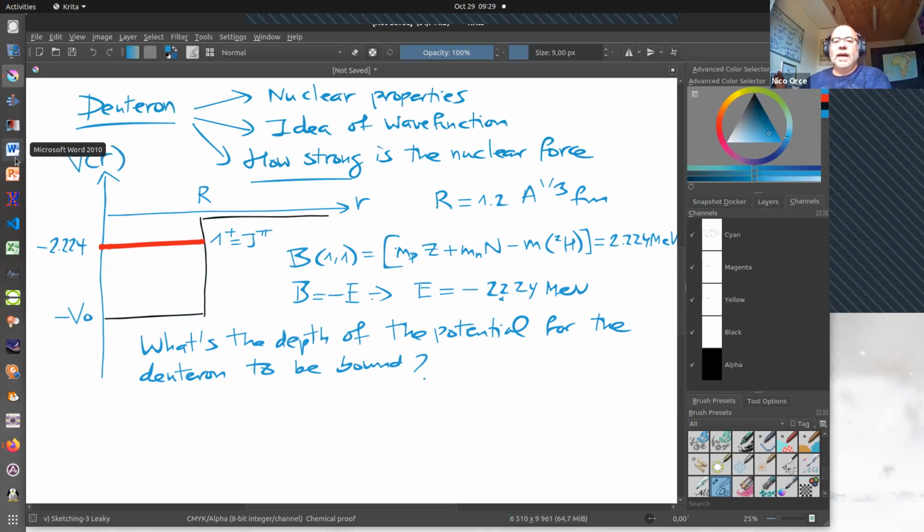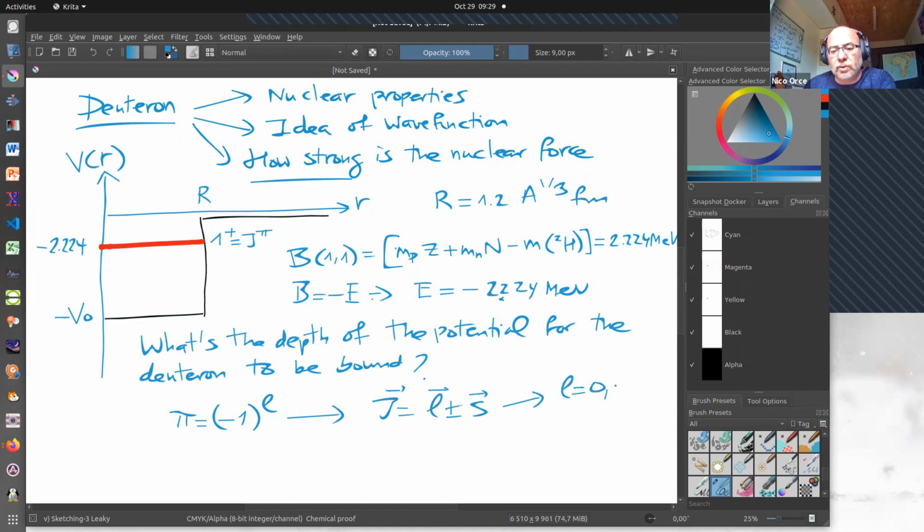So now we also investigated that for this, we know that the parity is equal to -1 to the L, and J is equal to L plus minus S, right? And from here, we deduce that L can be equal to 0 or 2. But S must be equal to what, guys?